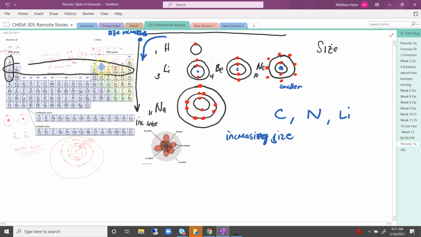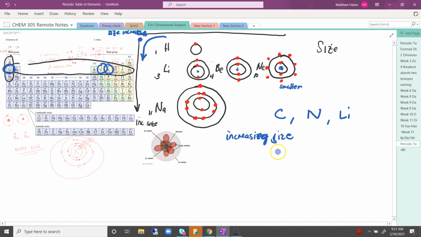So notice carbon is right here. Your nitrogen is to the right of carbon, and lithium is on the leftmost. So remember, as you go from right to left, the size of the atom increases. So the biggest element here is lithium, followed by carbon, and then the smallest will be nitrogen.